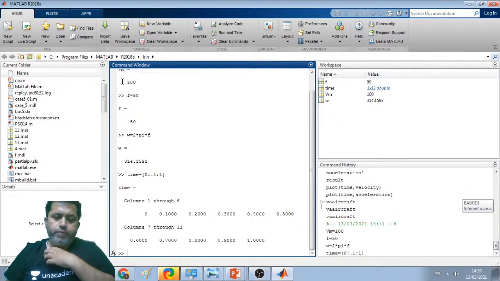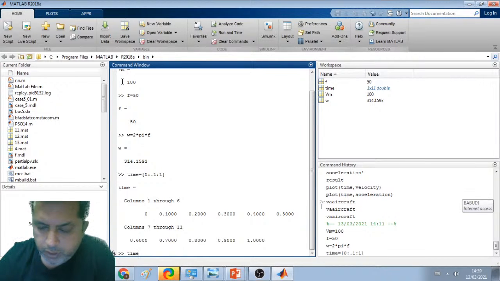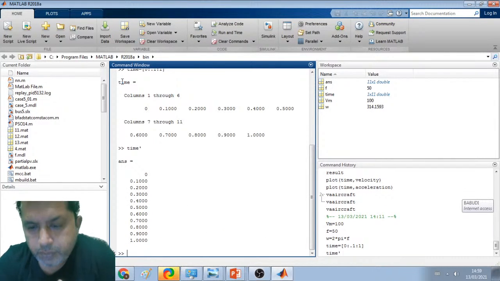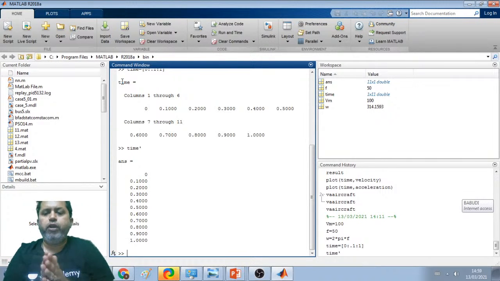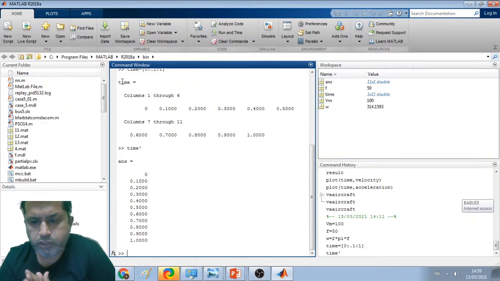So how it will be? Time transpose. You will get all these values of time. So we will find out all the voltages for particular time.